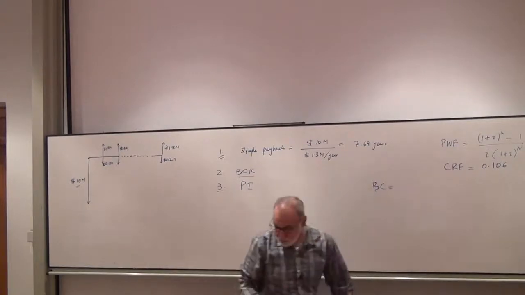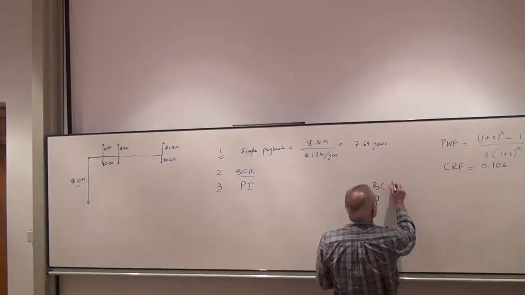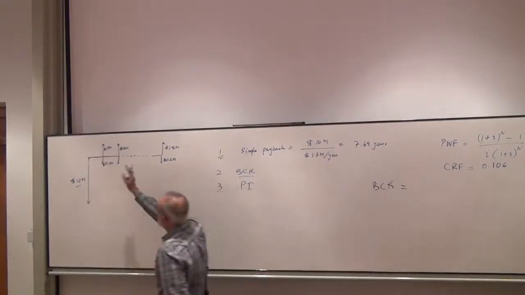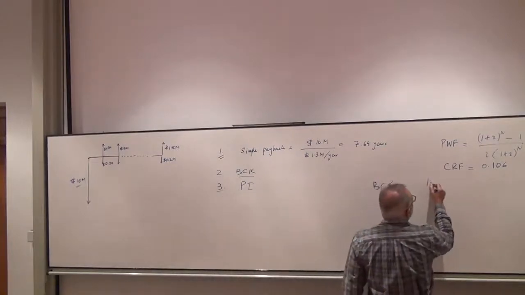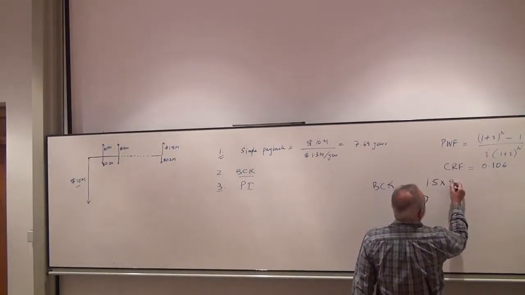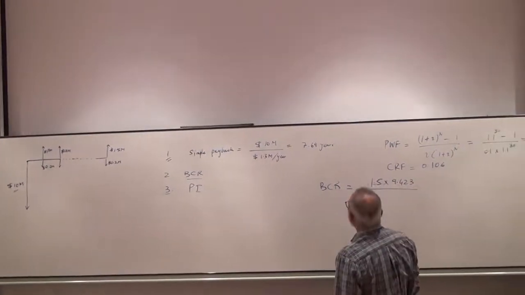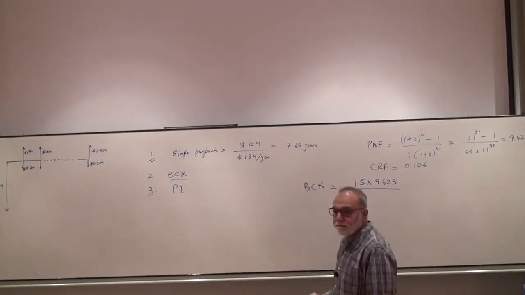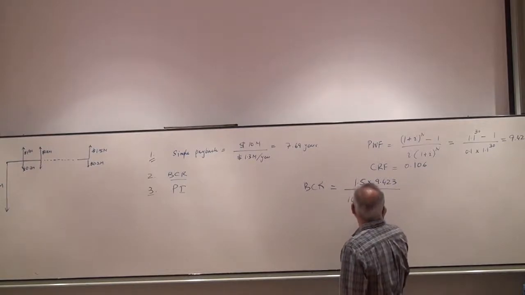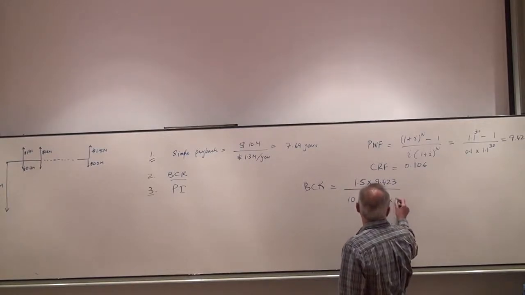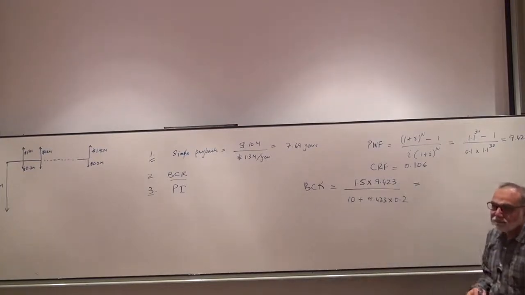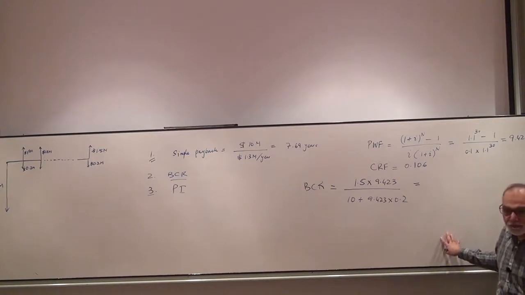BCR is equal to: bring all the benefits here, 1.5 multiplied by 9.423, divided by the initial cost, which is 10 million, plus 9.423 multiplied by 0.2. That will give us the benefit cost ratio, total benefits divided by total cost.